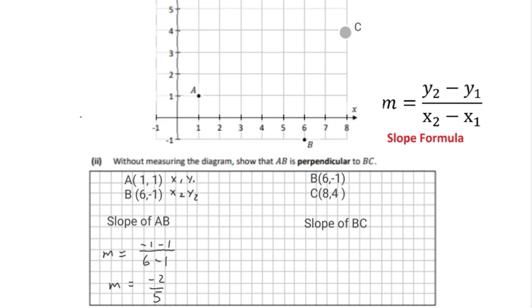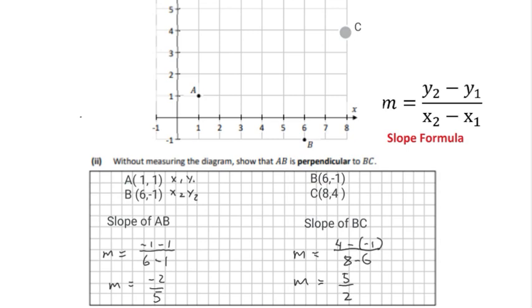So again, assign x1, y1, and let's use the same formula. So m is equal to y2 minus y1, which is 4 minus minus 1, over x2 minus x1, which is 8 minus 6, and we have a value of plus 5 over plus 2.